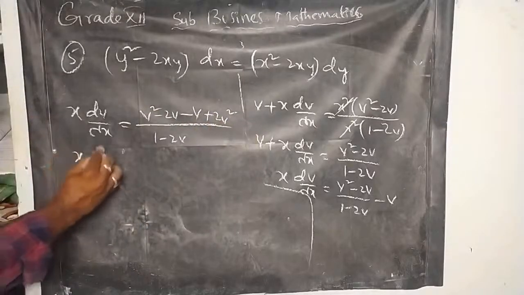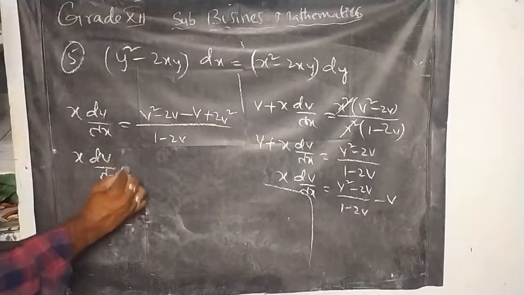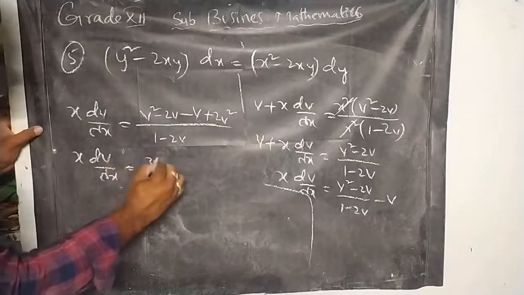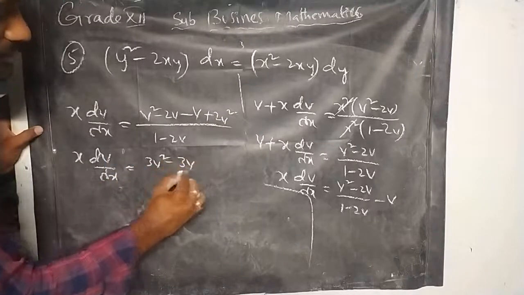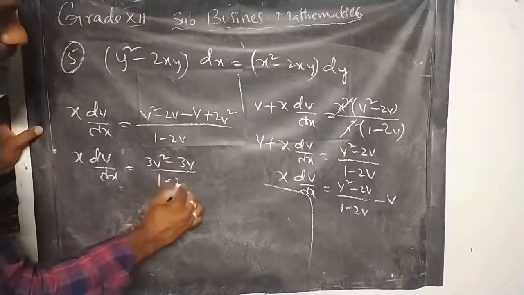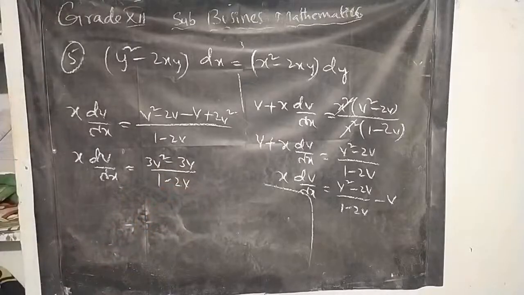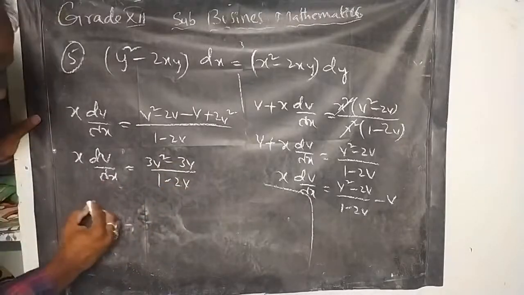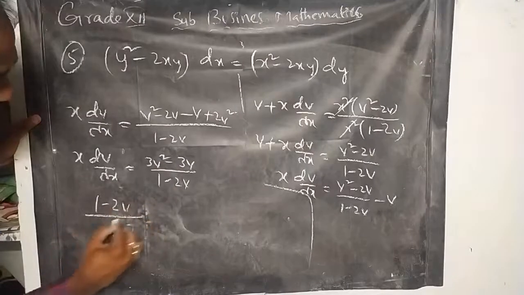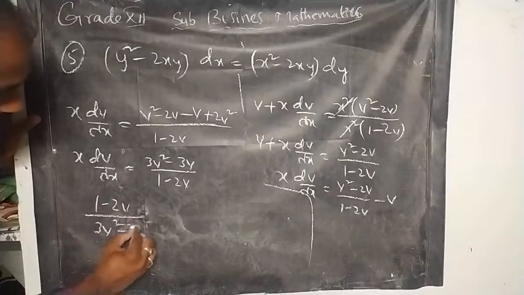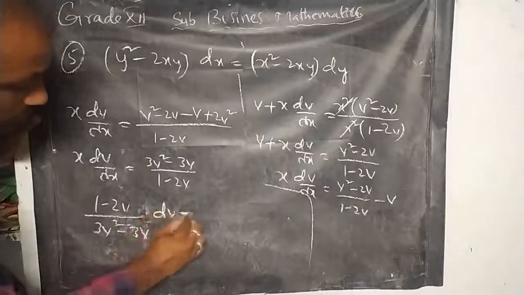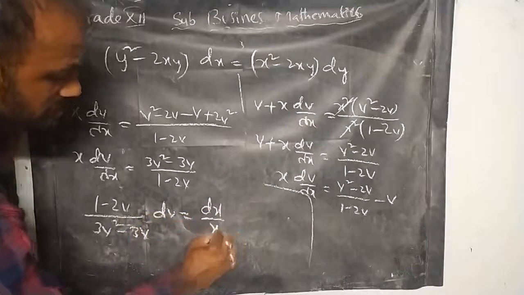So x dv by dx is equals to 3v square minus 3v divided by 1 minus 2v. So now let me transpose this side. So 1 minus 2v by 3v square minus 3v dv is equals to dx by x.